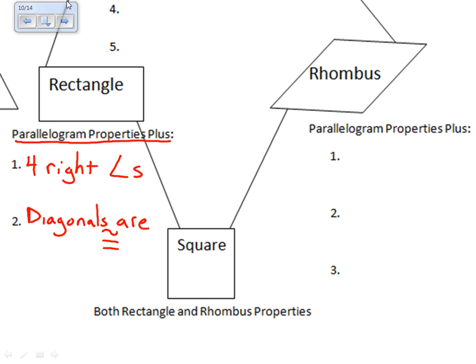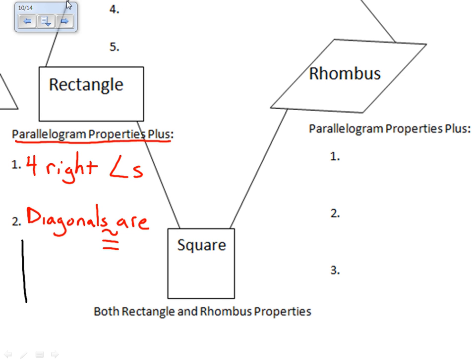The diagonals are congruent. I'm going to draw a picture of that so you can see it in a second. Plus, how many from above? How many other properties? 5. For a total of how many does it have total? 5 plus 2 more, so it has 7. Okay? The diagonals are congruent.